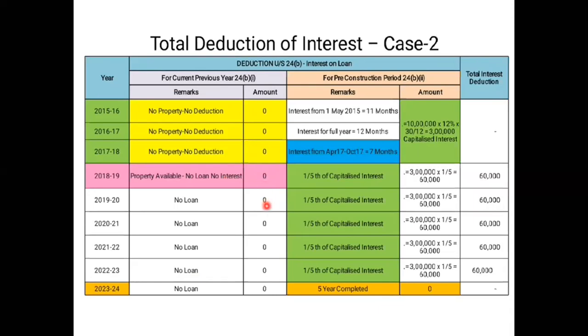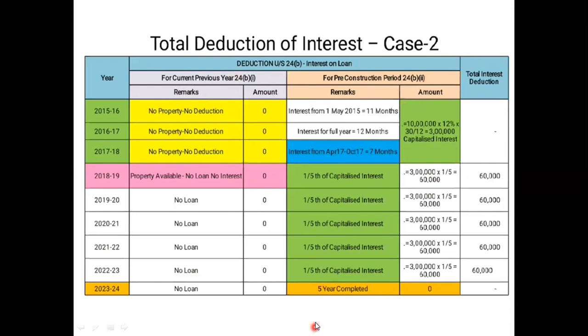And therefore, you can see that the amount of interest for current previous year is nil. Therefore, the total interest on loan which can be claimed under section 24B clause 2 will be only rupees 60,000 under case 2. Now, I hope you have understood how the deductions under section 24 work, both from clause 1 as well as clause 2.